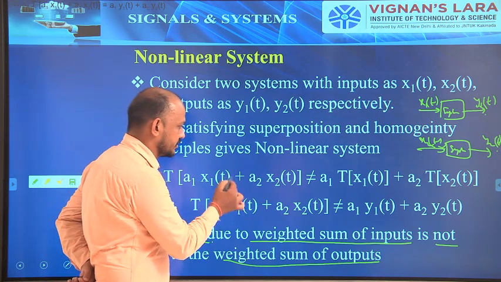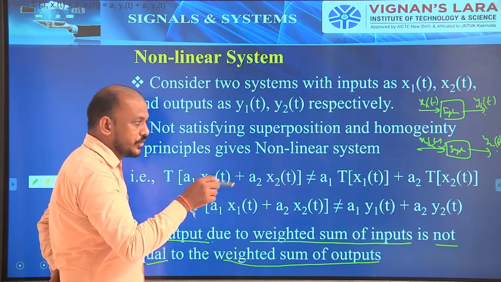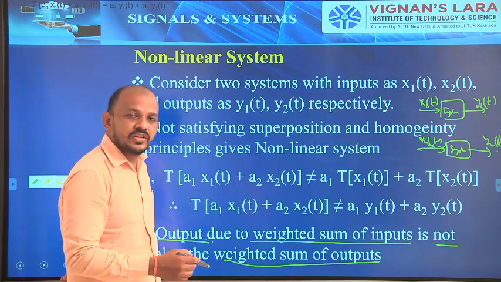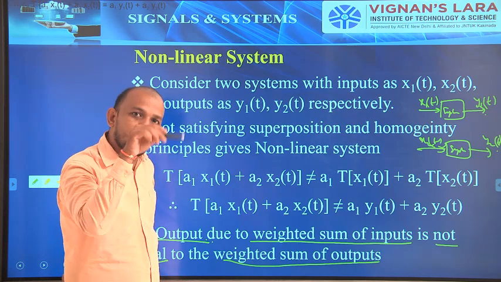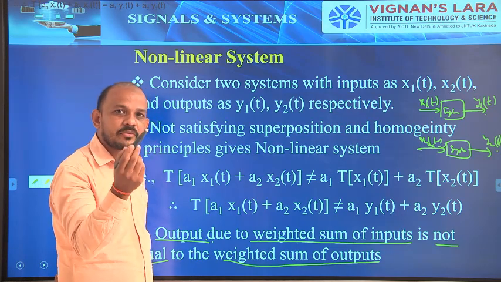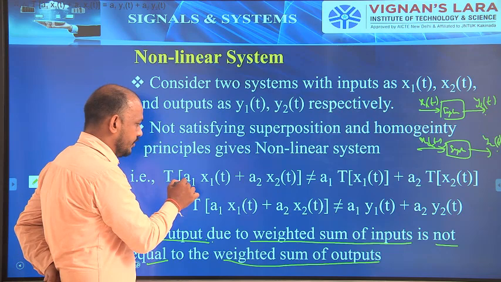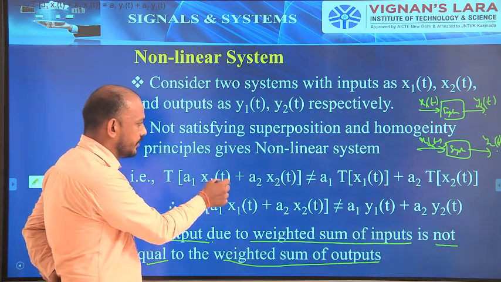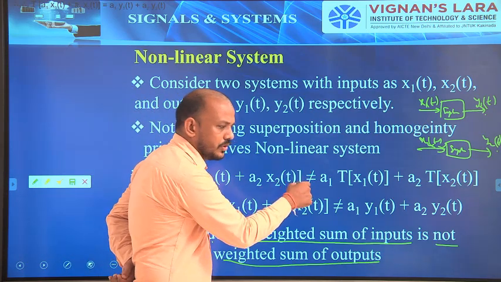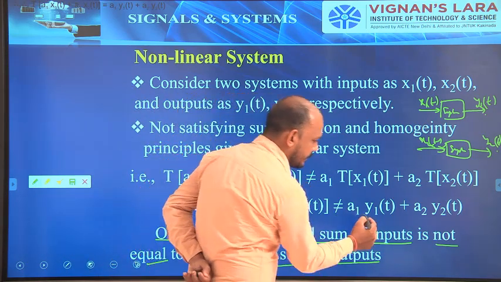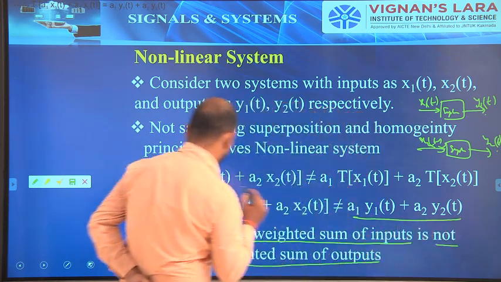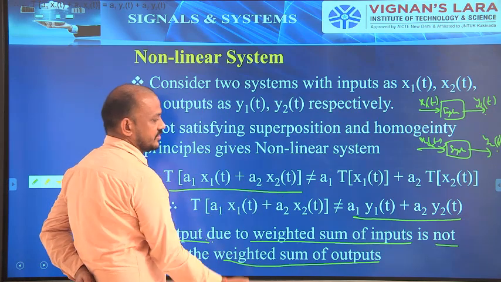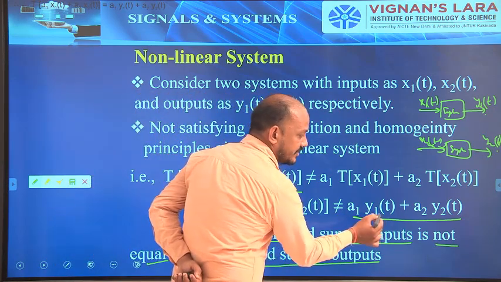The output due to that signal is represented as the transformed version of it. The output due to the weighted sum of inputs is not equal to the weighted sum of outputs.